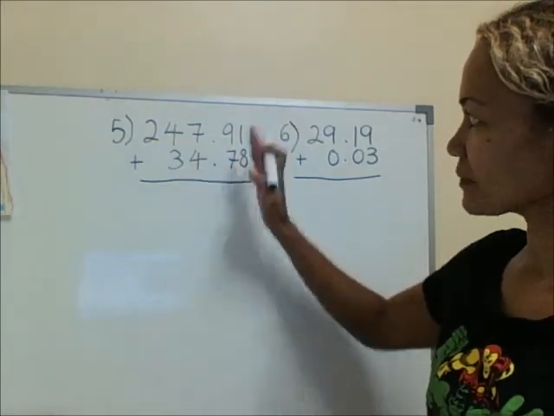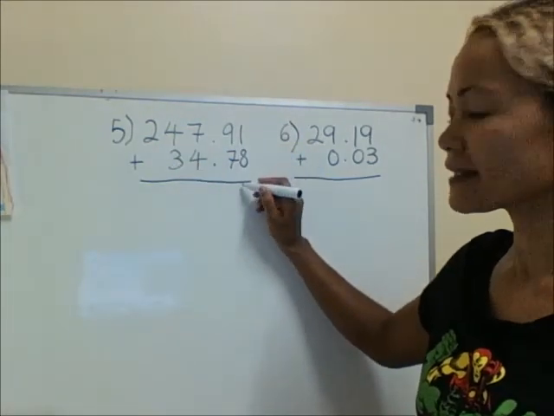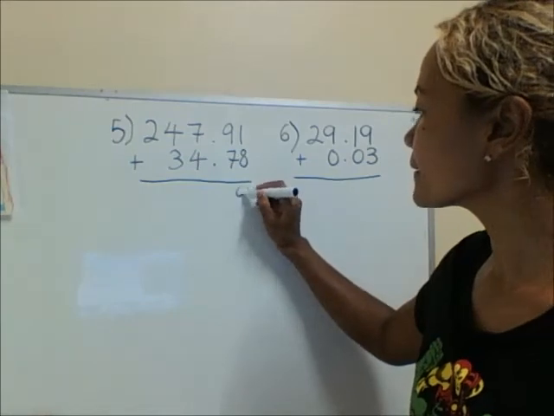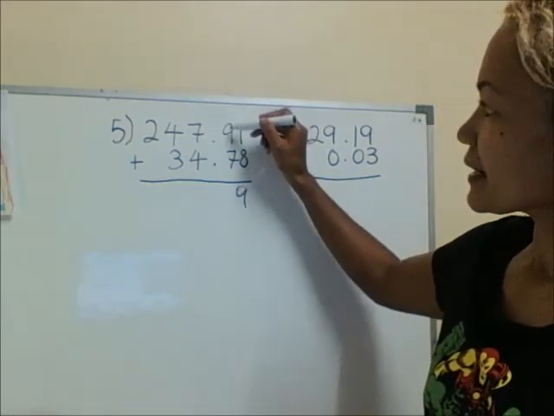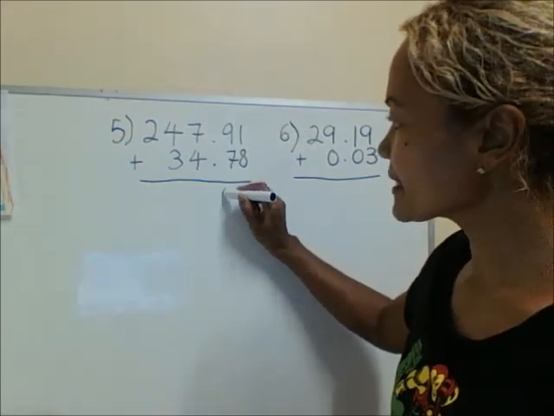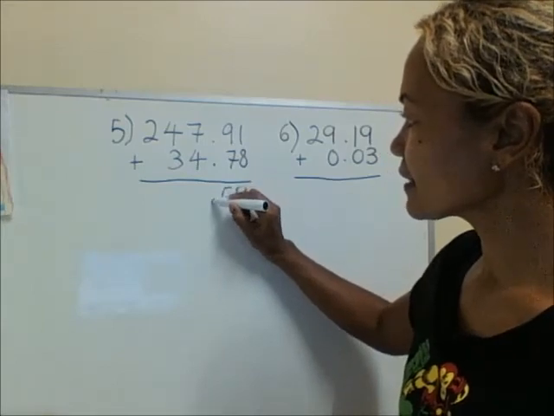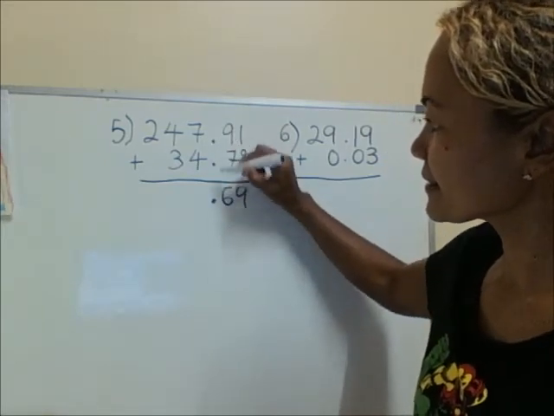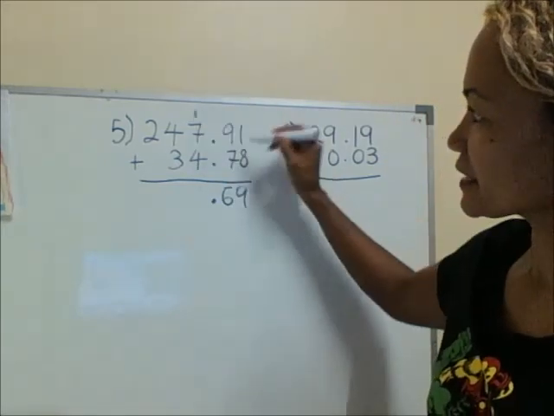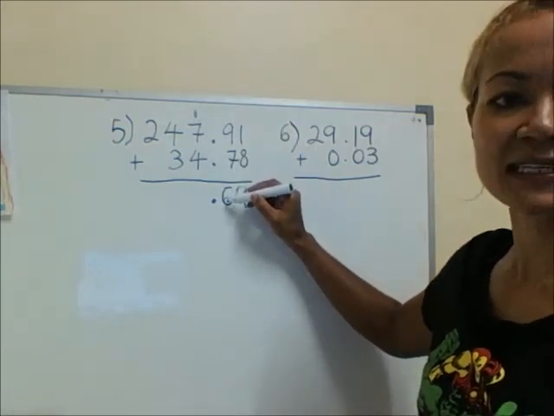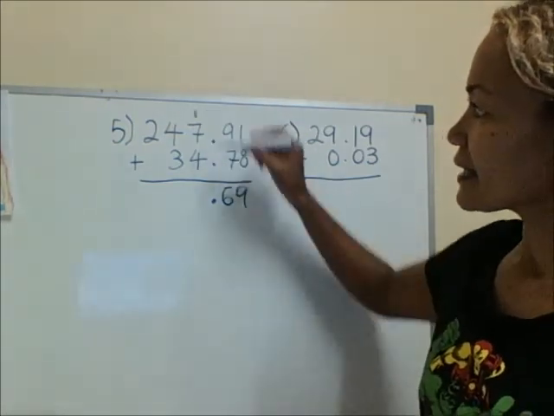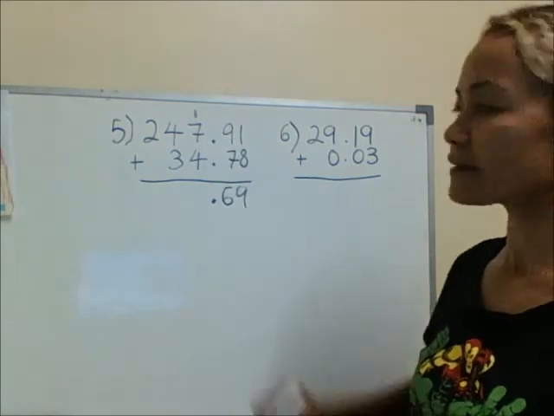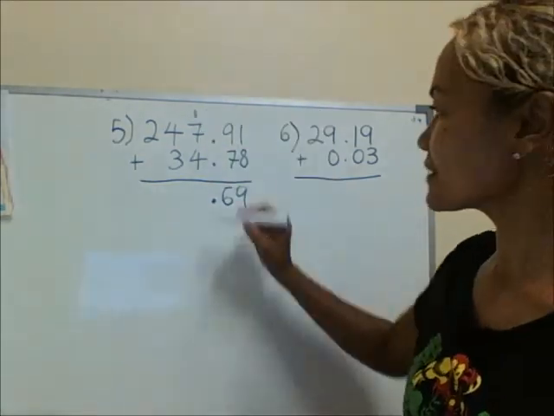Everything is in its column. Hundredths column. 1 and 8 gives you 9. 9 and 7 gives you 16. 6 with the decimal place. Carry 1. 9 plus 7, 16. Carry 1. 7 and 4 is 11. You add 1 is 12.